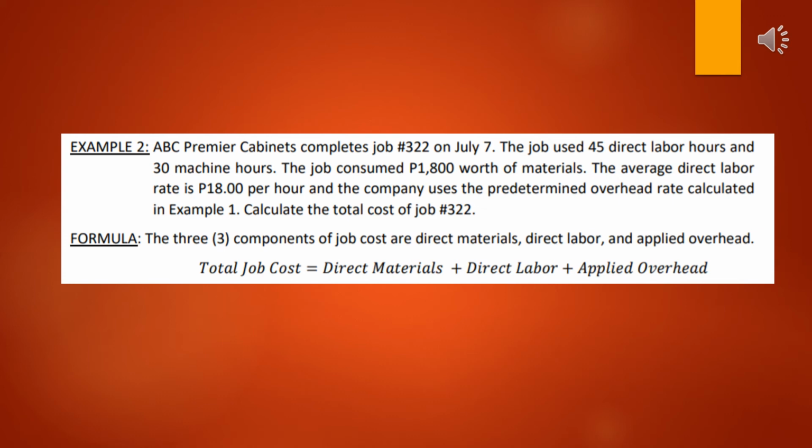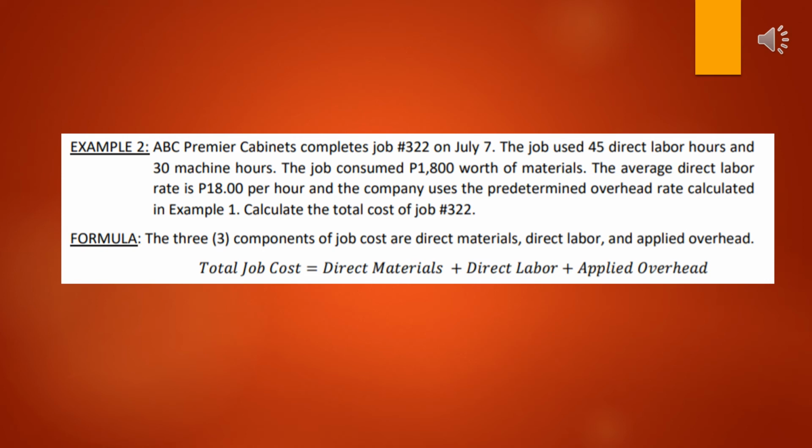In example number 2, ABC Premier Cabinets completes job number 322 on July 7. The job used 45 direct labor hours and 30 machine hours. The job consumed 1,800 worth of materials, and the average direct labor rate is 18 pesos per hour, and the company uses the predetermined overhead rate calculated in example number 1.